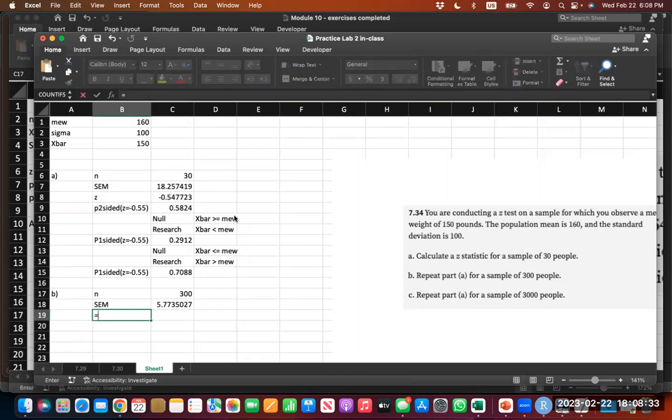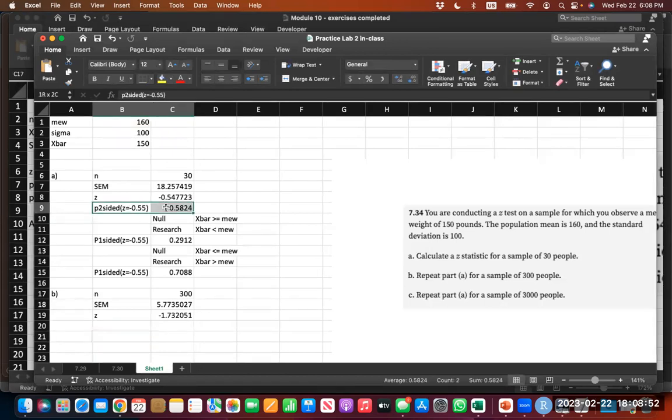Our resulting z is now X bar minus mu divided by the standard error of the mean, and here it was minus 1.73.